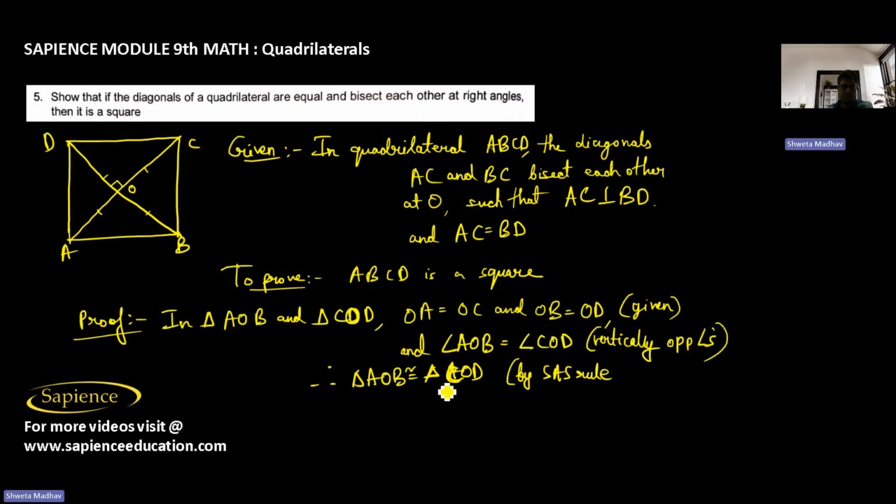So triangle AOB is congruent to triangle COD by the SAS rule of congruency.